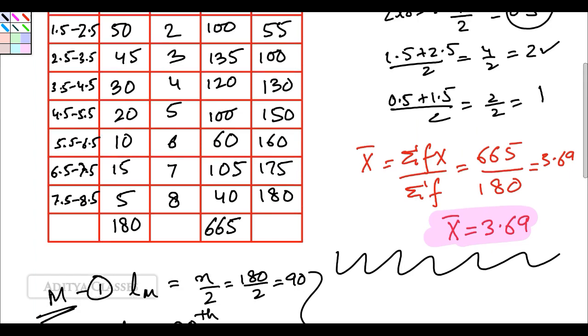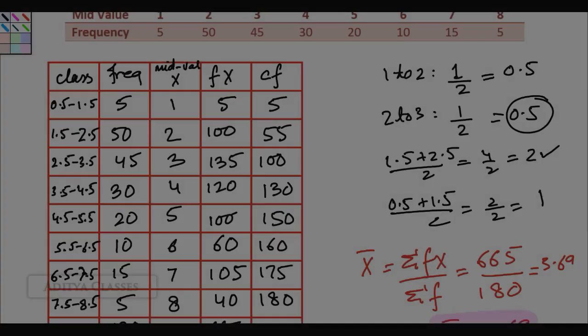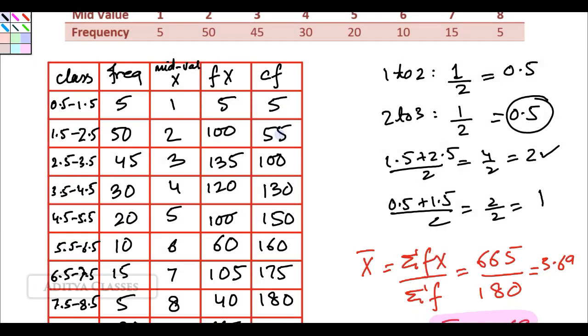How do you find 90th location? Let us go ahead and find out 90th location. Where is it? 5 gone, 55 gone, 90th has not come as yet. Till now only 55 have gone. As we move from this class into this class, 55 are gone, then I say next 45, that takes me to 100.